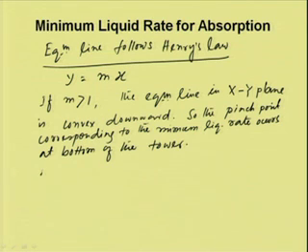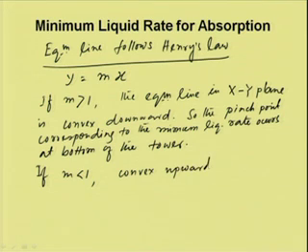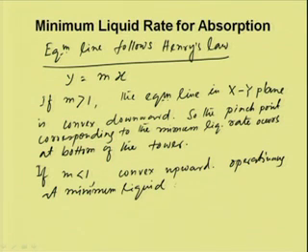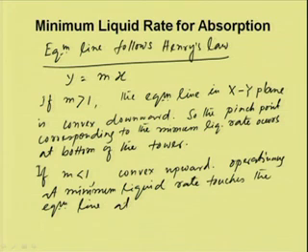And if m is less than 1, then the equilibrium curve is convex upward, so the operating line at minimum liquid rate touches the equilibrium line at some intermediate point.